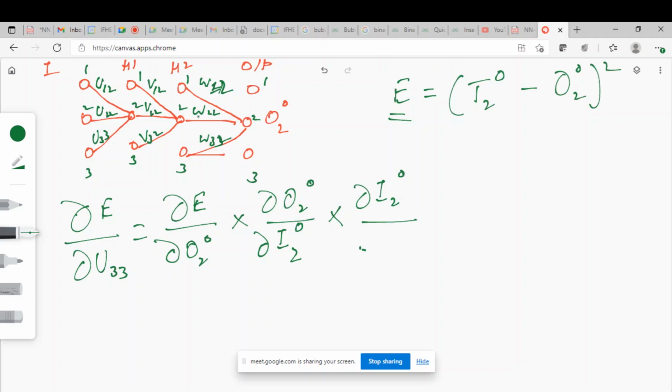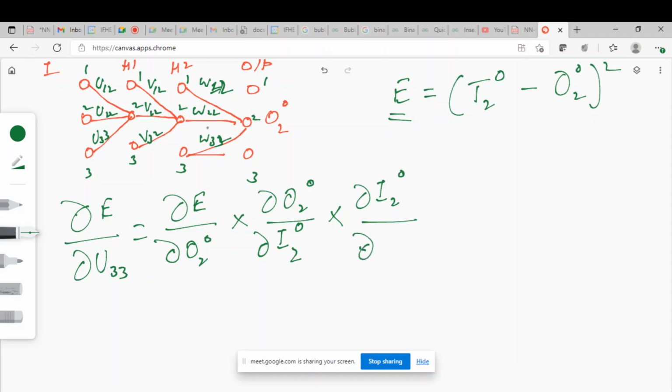See, before from the output, if you travel, which is coming first, H1 or H2? Which neuron of the hidden layer does this input depend on?